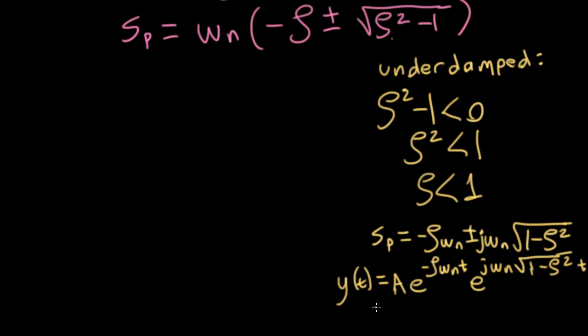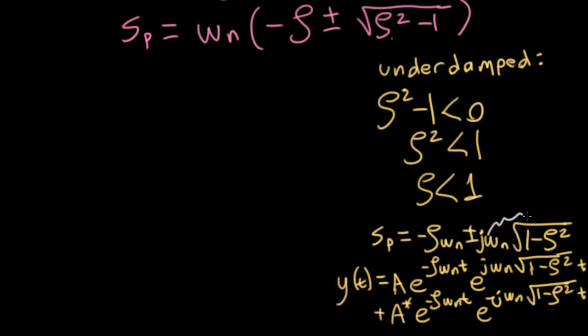And then I'll have some sort of complex conjugate term that will have an a star e to the minus zeta omega n t times e to the minus j omega n square root of 1 minus zeta squared t. And this will turn back into some sort of cosine with some phase, and it will have a decaying term in front of it.